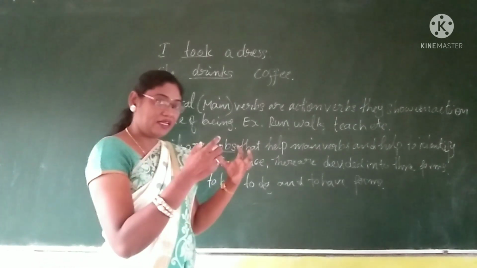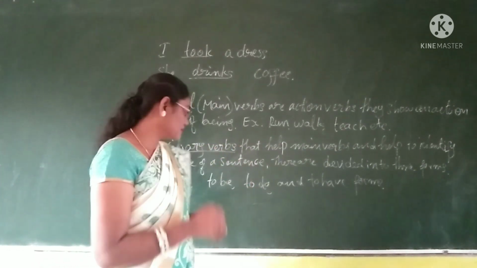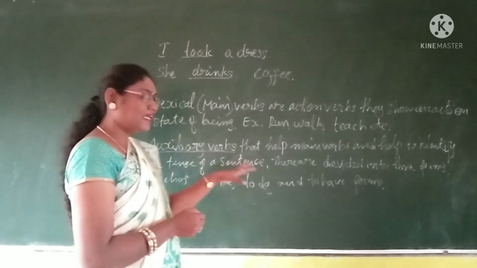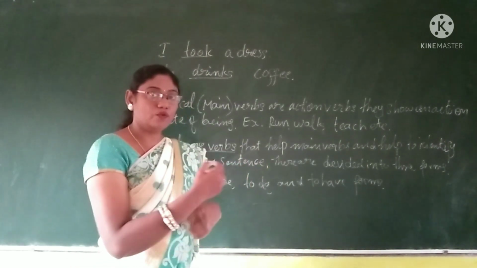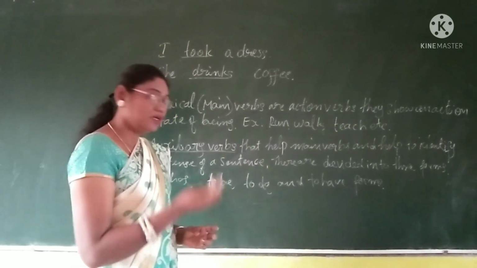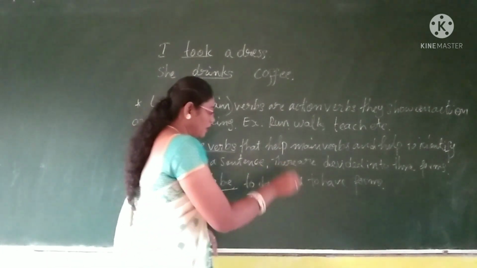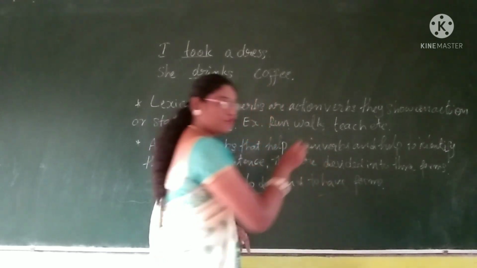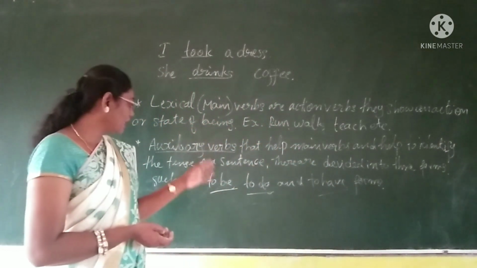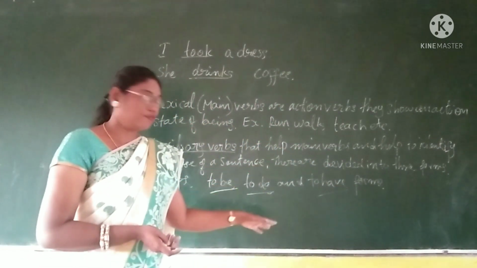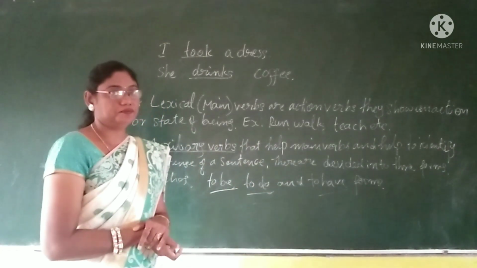Let's see how they are used in sentences. These primary auxiliary verbs are divided into three forms: to be forms, to do forms, and to have forms. We will call them be forms, do forms, and have forms.